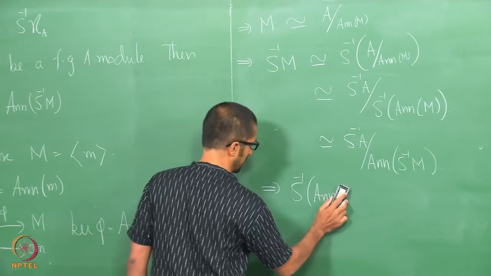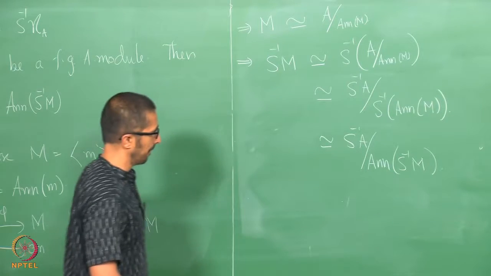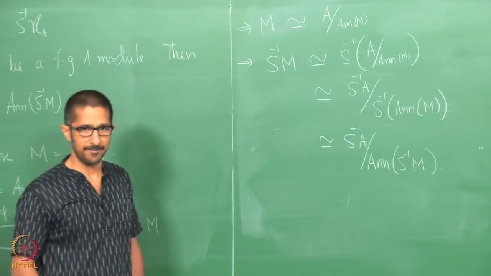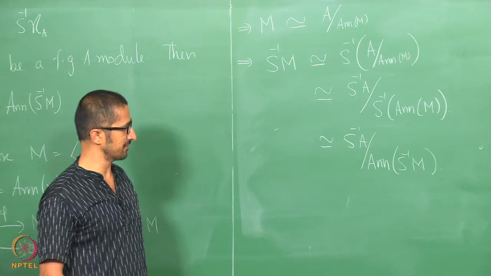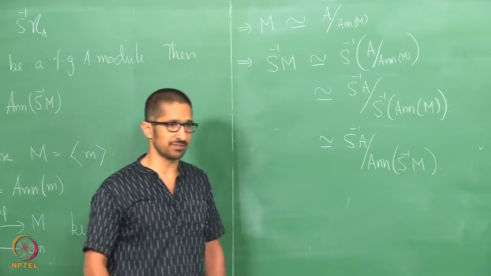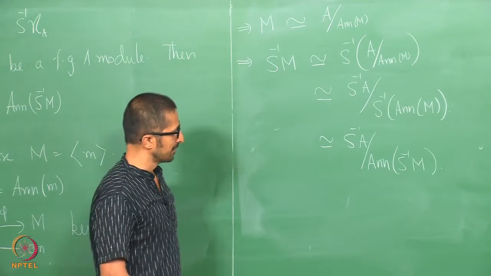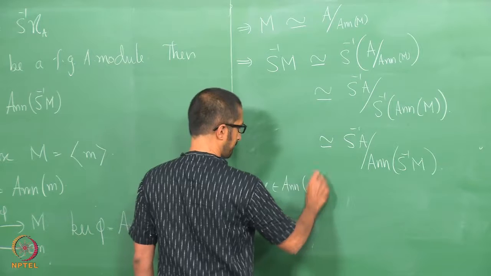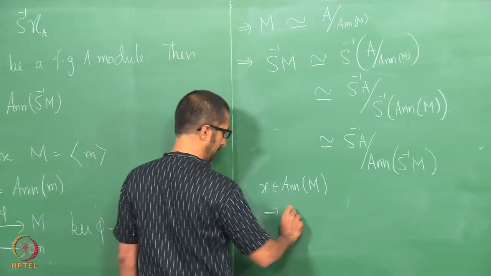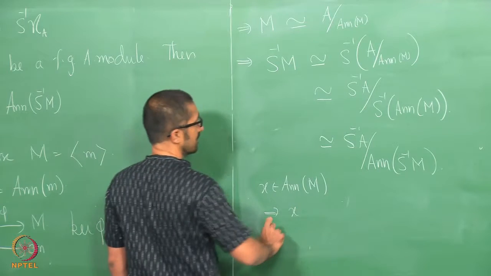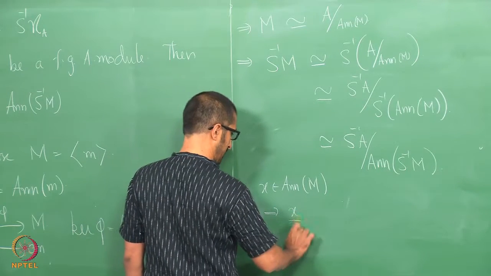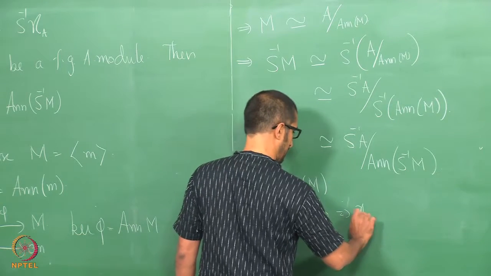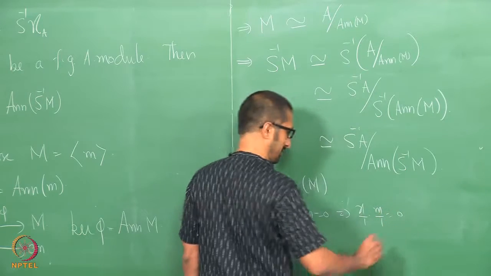See, here there is one more catch. Can you see that one of them is contained in the other? S inverse of annihilator of M and annihilator of S inverse of M. If I take x in the annihilator of M, that would imply xm is 0, that would imply x by 1 times m by 1 is 0.